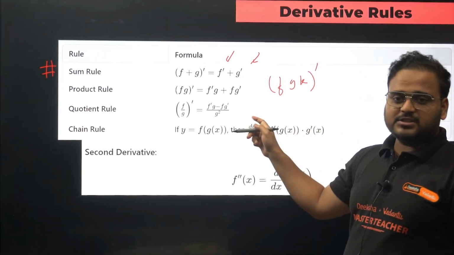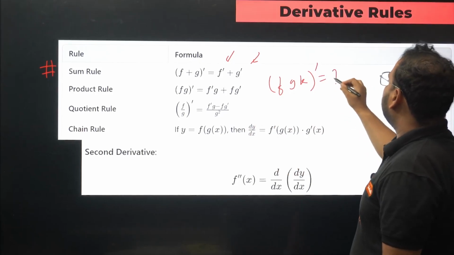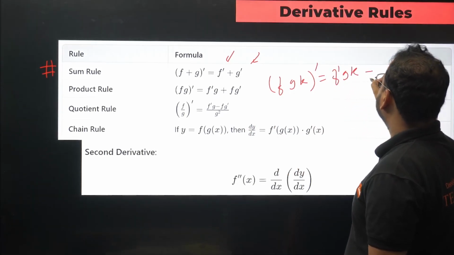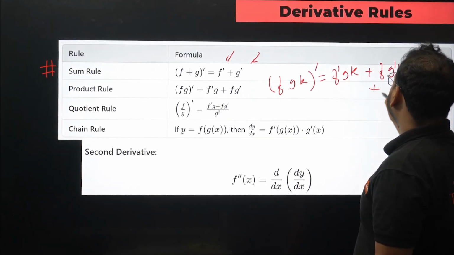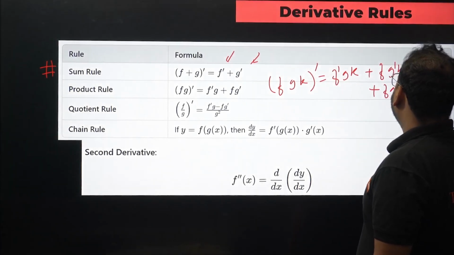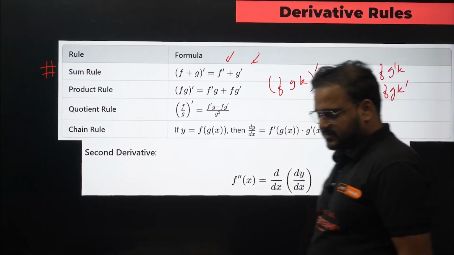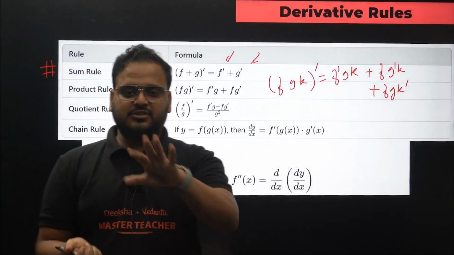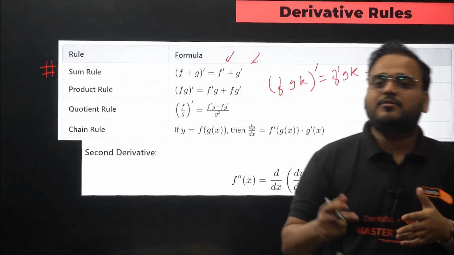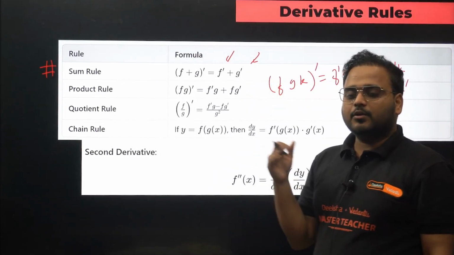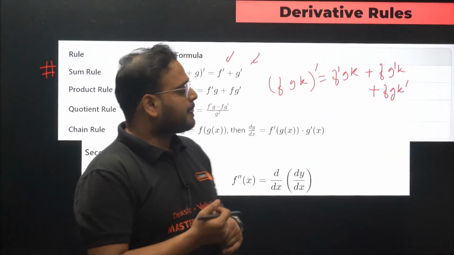All three are functions only. You have to differentiate f, keep g and k as it is. Differentiate g, keep f and k as it is. This time differentiate k and keep f and g as it is. If they have given four functions, do the same thing. Differentiate one function at a time, and the other three you keep as they are.